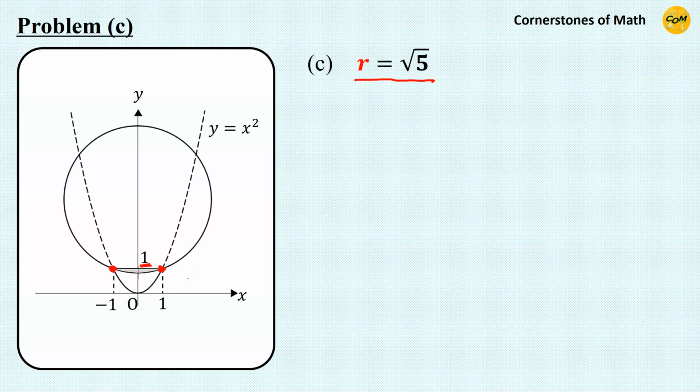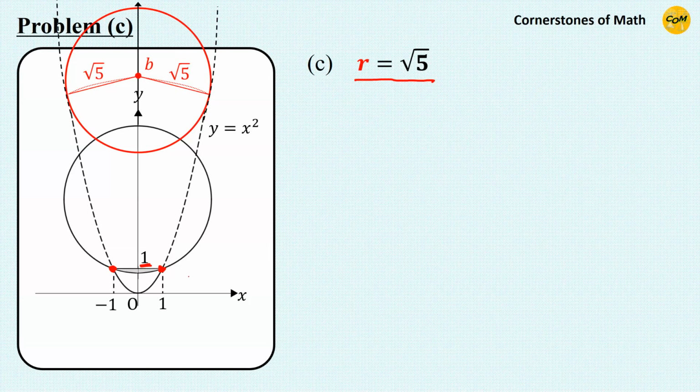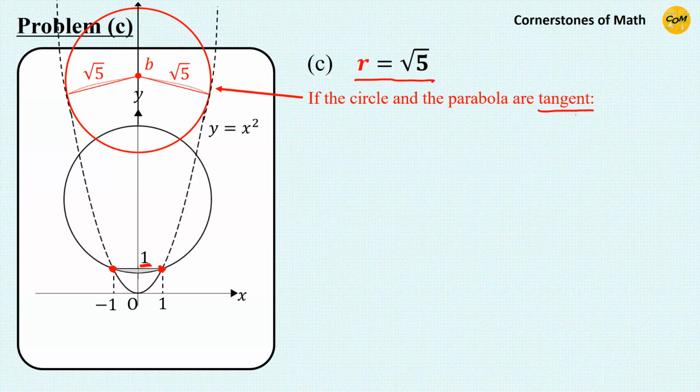To strictly show this, let's use the same approach as in the previous problem. That is, we assume the situation that the circle and the parabola are tangent, just like the previous case. And we let (0, b) be the center of the circle. The only difference here is that now the radius is √5 instead of 1.